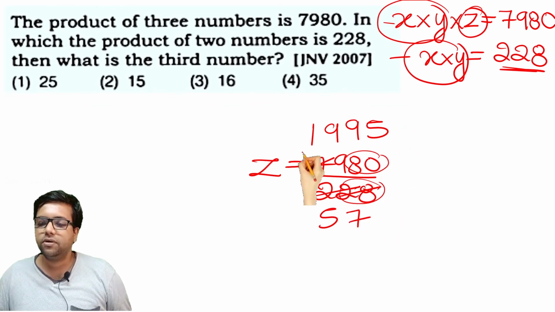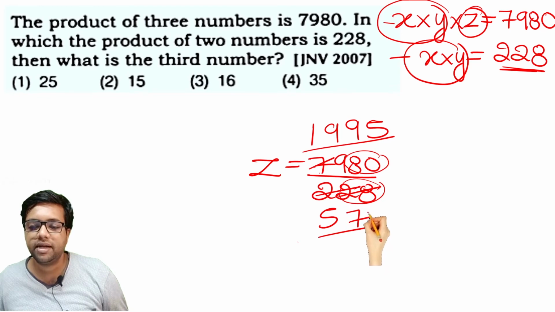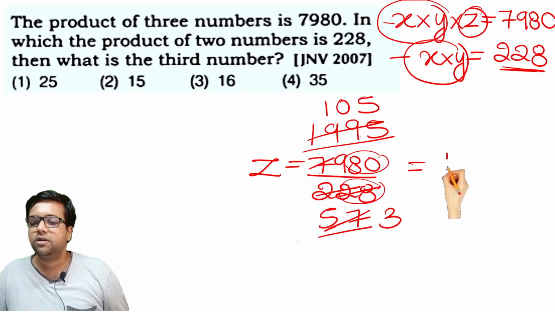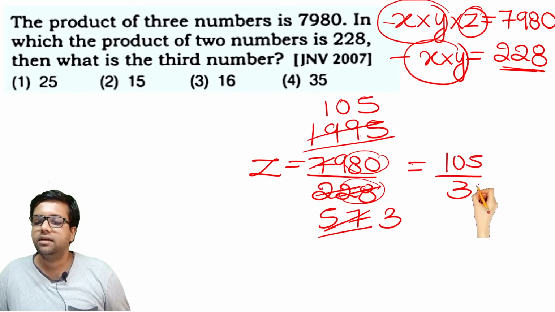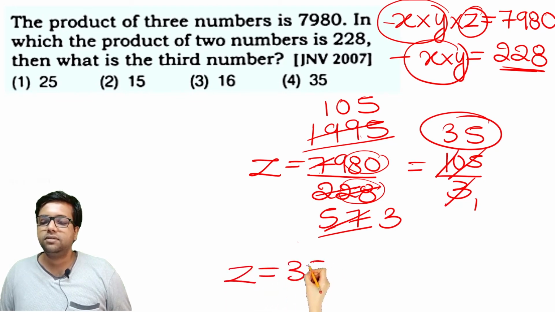Both these values are divisible by 19. 19 3s are 57, 19 1s are 19, 19 5s are 95. So you are left with 105 by 3. Again do the division: 3 1s are 3, 3 3s are 9, and 3 5s are 15. So z is equal to 35.